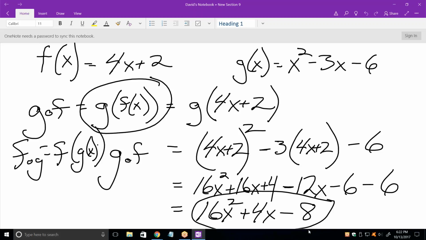Wait, it says simplify our answer. Is that simplified? It is. You can factor a 4 out, but there's no need to do so if you don't have to. It doesn't accomplish anything. I'm pretty sure it would say factor it out too if I needed to. So I don't know. It says it's wrong.